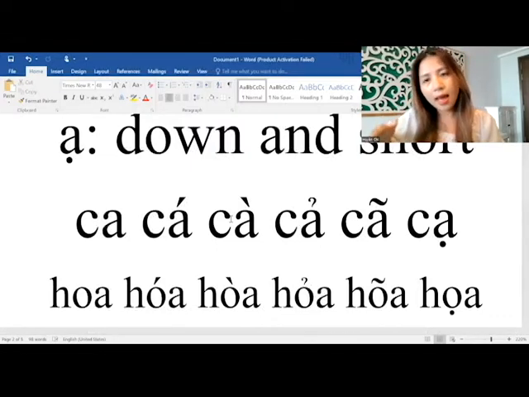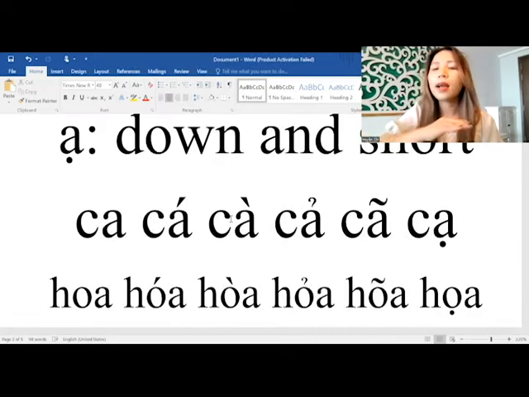See? Ka, down tone, very long. Ka, ka. Of course, when the Vietnamese speak in daily conversation, we don't make these sounds that long. But because we are beginners, everything that we say, we need to make it over the top so that our brain can learn the way how to pronounce slowly.